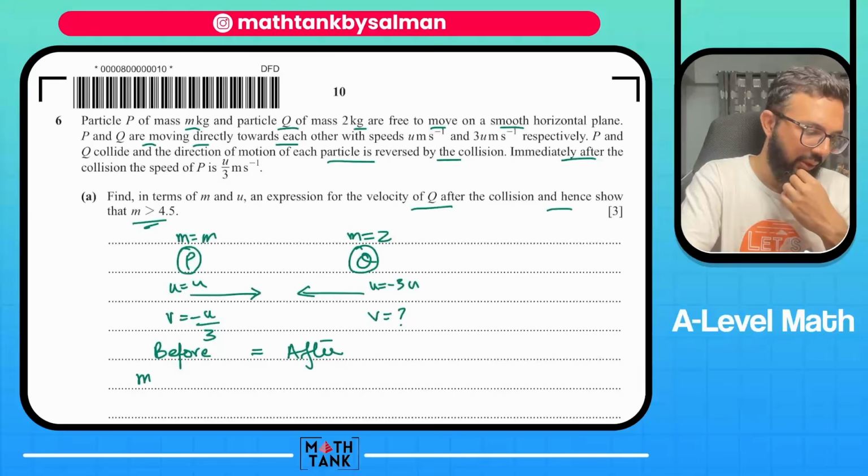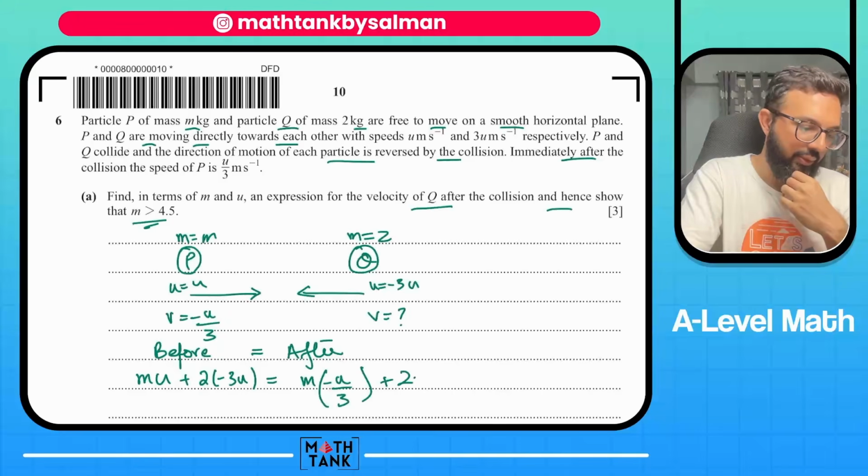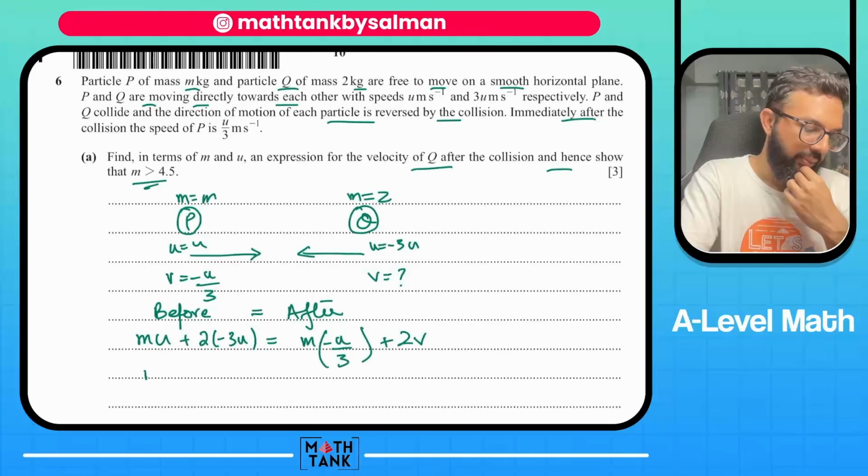Momentum is mass into velocity plus mass into velocity, and then mass into minus u over 3, final velocities, and 2v. So mu minus 6u equals minus mu over 3 plus 2v.